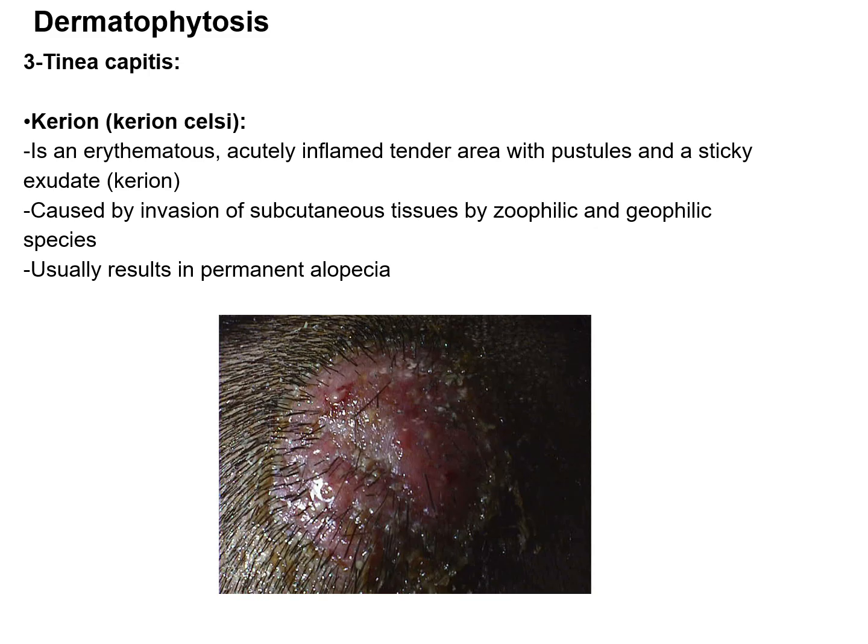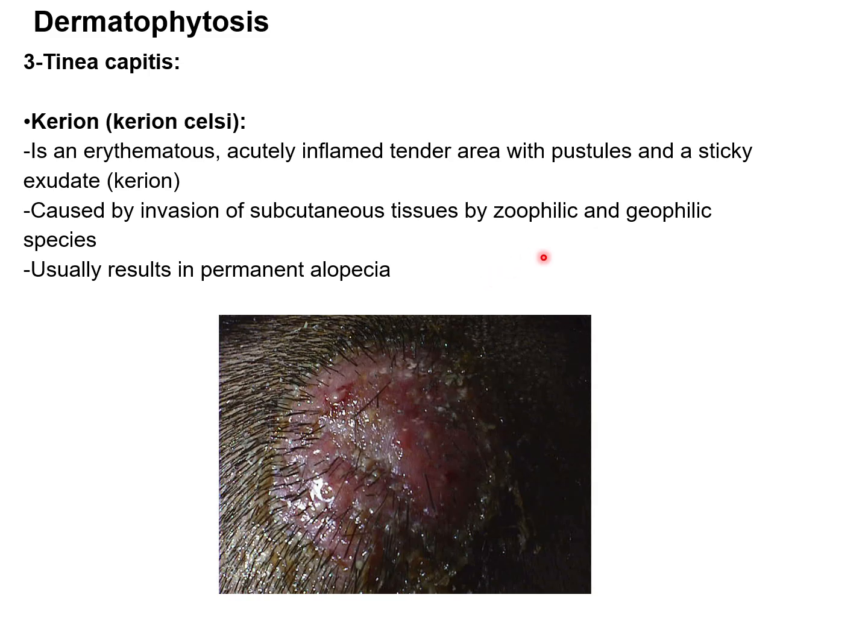As for kerion or kerion celsi, this is a specific manifestation of tinea capitis that happens due to invasion of subcutaneous tissues. So we've been saying so far that we don't usually see invasion. However, it might occur, and if it does happen, it happens usually by zoophilic and geophilic species, not anthropophilic species.